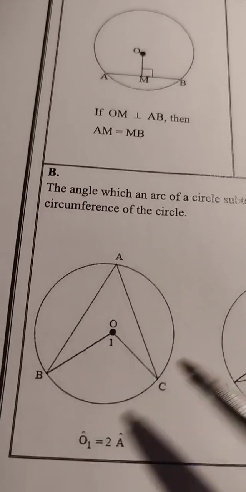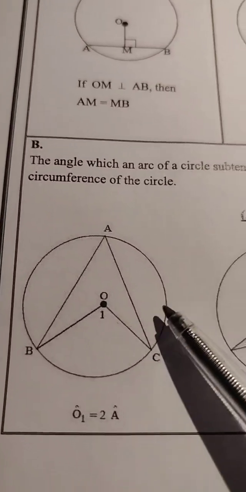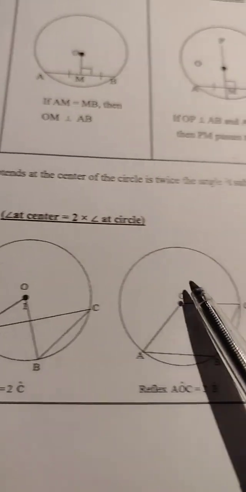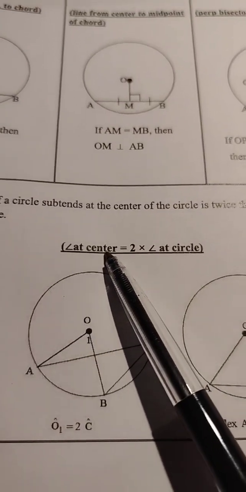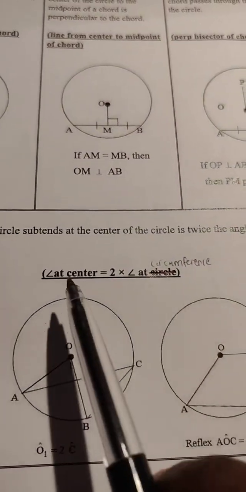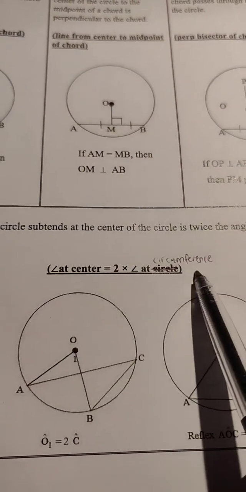So we saw that there are 3 diagrams which outline: angle at center is equal to 2 times angle at circumference.